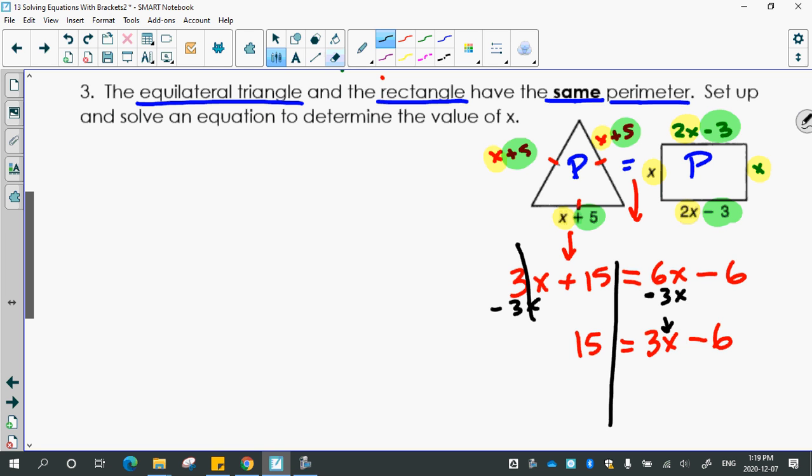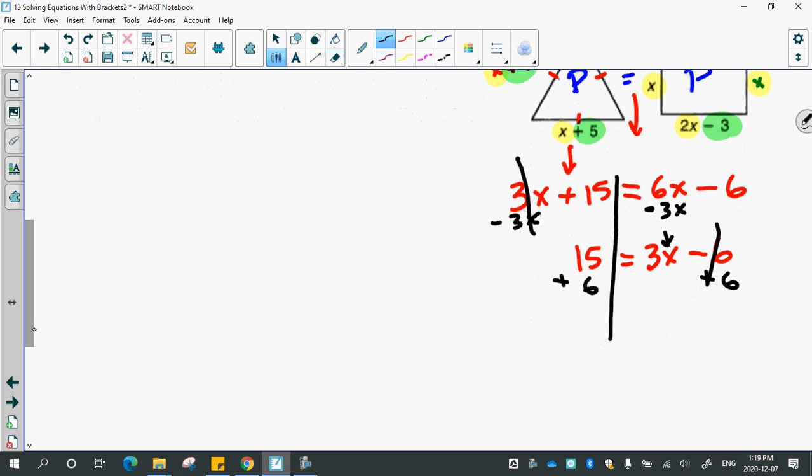There's a subtract 6. So I'm going to add 6 to make it 0 pair, but if I do it on this side, I have to do it on that side. Keep it balanced. 15 and 6 is 21. And I end up getting x equal to 7.